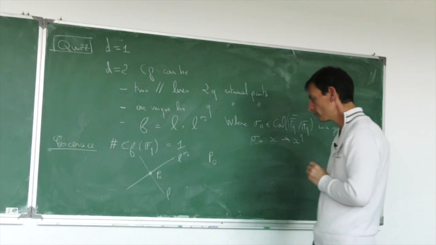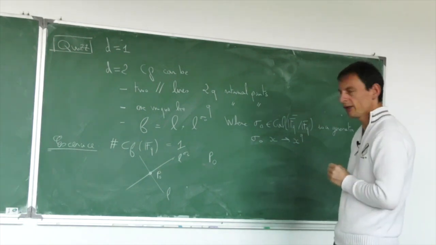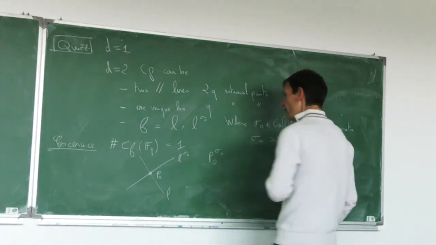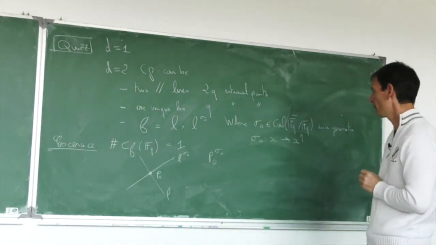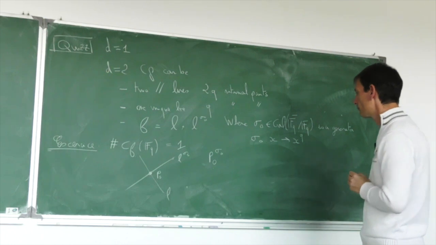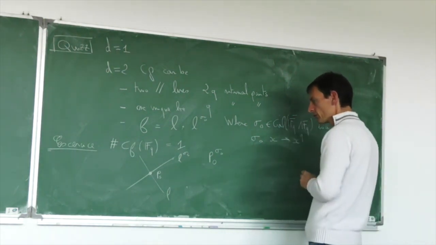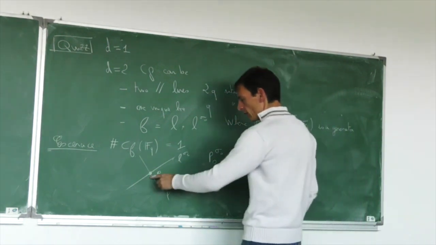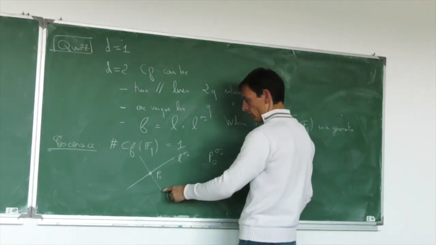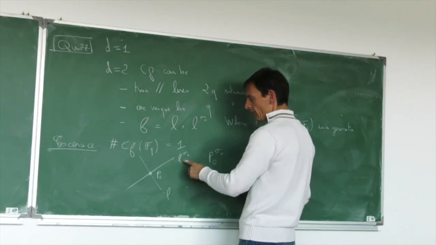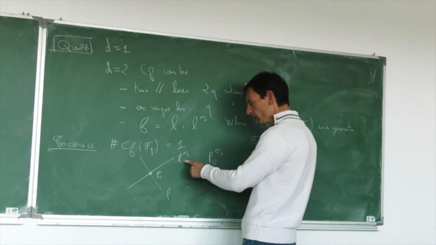Why? Well, P_0 is the intersection point. Let's look at its Galois conjugate, P_0^sigma_0. It must also be on the line L, so it has to be on the line L^sigma_0.